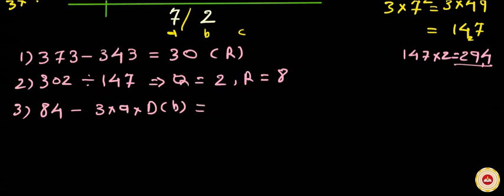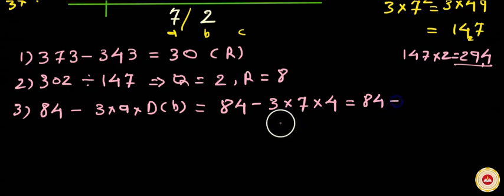Which is equal to 84 minus 3 multiplied by A, which is 7, multiplied by duplex of B. What is B? 2. Duplex of 2 is 4, so 84 minus 3 sevens are 21, 21 fours are 84, which is 0, and that is our net dividend.